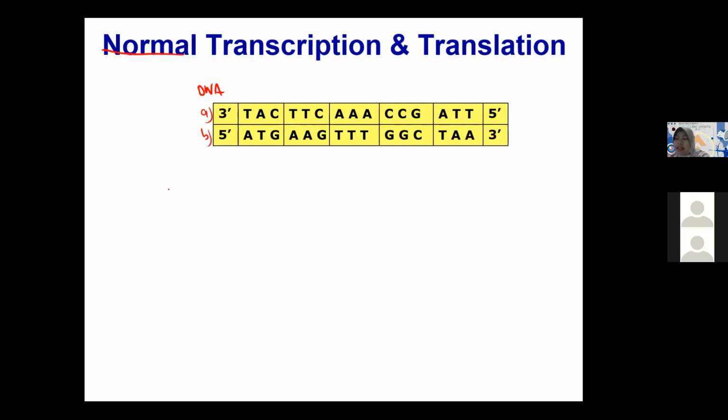Now, tell me, which strand of your DNA that will be used during transcription of mRNA? DNA strand A or B? Which one is the template strand yang akan digunakan? mRNA kita akan start dengan 5'.